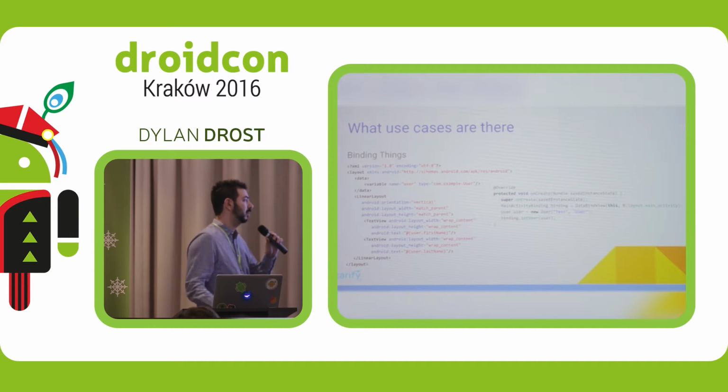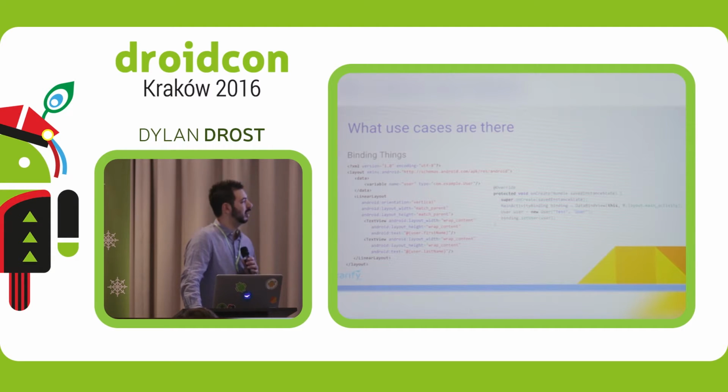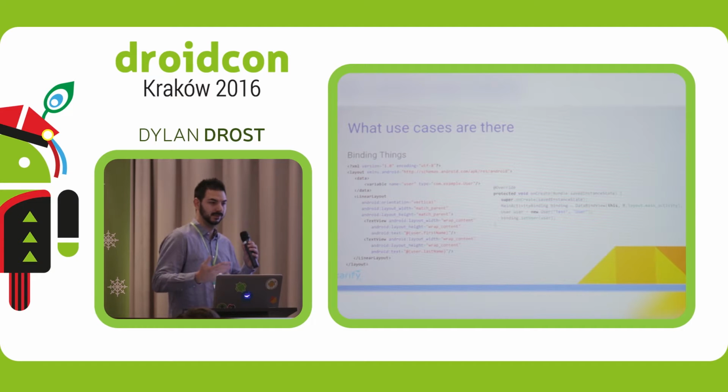And in your own code, you only have to call the data binding class, set the user, and it's done. And every time you want to change something about the user's info, that gets automatically changed in the view. And normally you would have to write the findViewById and then set text and have somewhere a way to get the user class and do that, which is a lot of code for doing a really simple thing.